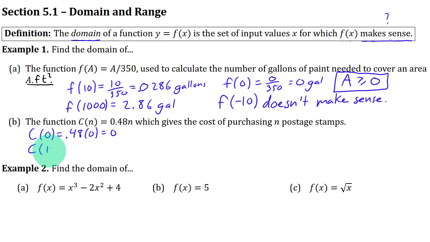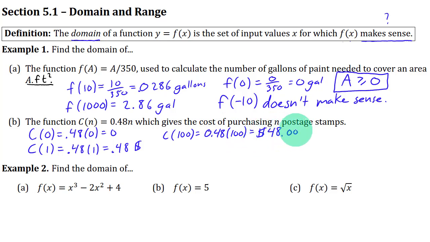If you want to know the cost of 1 postage stamp, that's 0.48 times 1, which is just 48 cents, or $0.48. And if you want to buy 100 postage stamps, that's 0.48 times 100, which is $48. Okay, so those all make sense.